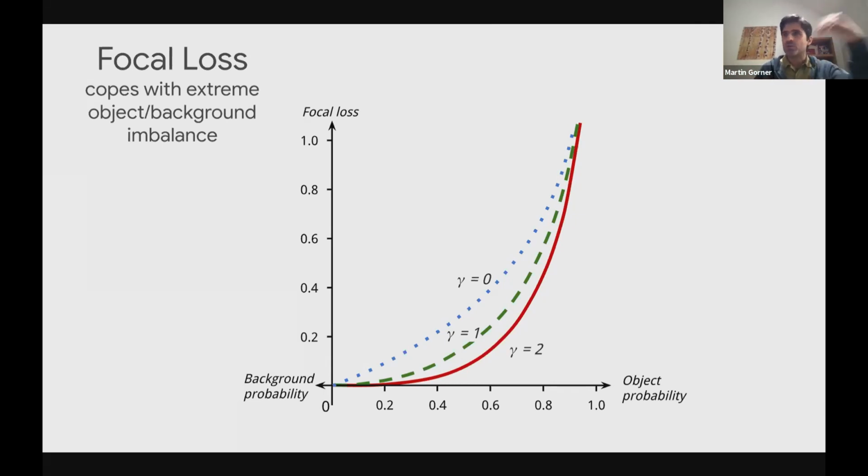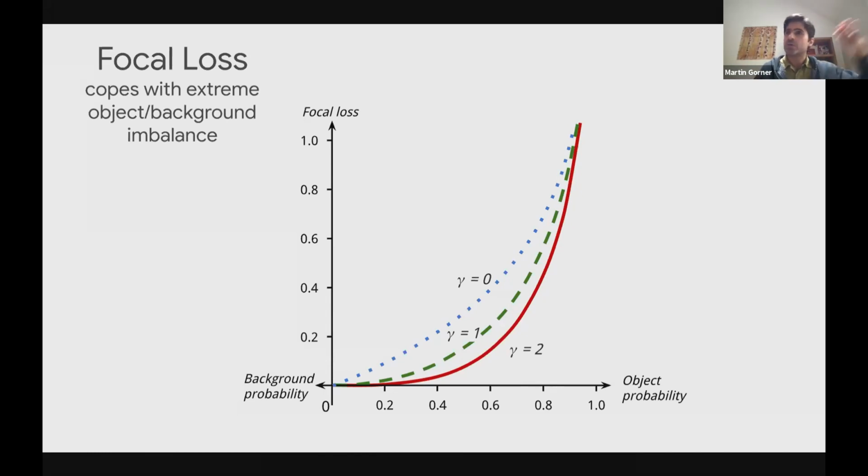So they introduce a new gamma parameter in the classical binary cross-entropy loss to increase the curvature. And what it does is that you see now for small values of object probability, this new curve squashes them towards zero. And that's what helps you overcome the fact that you have so many background boxes predicting small values corresponding to background, and you're adding them up in one loss.